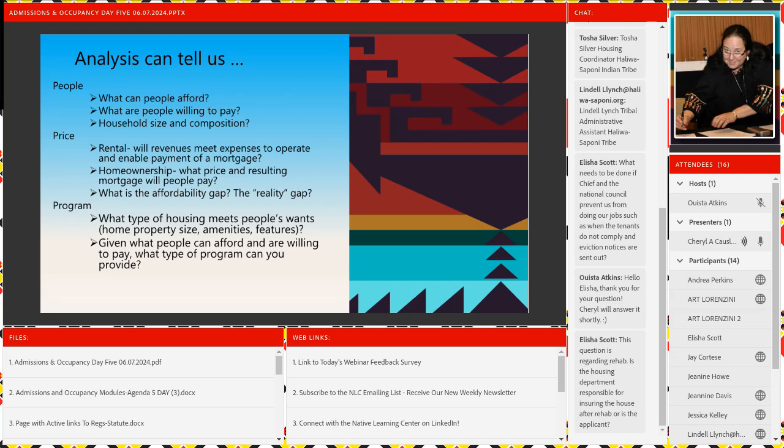What is the reality gap? Program. What type of housing meets people's wants, home, property, sizes, amenities, and what can people afford and are willing to pay? What type of program can you provide them?